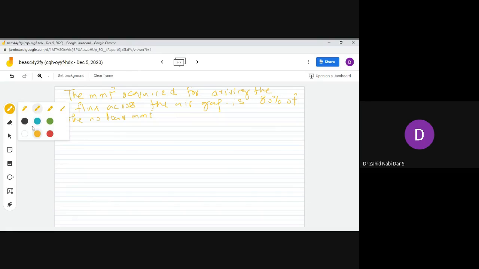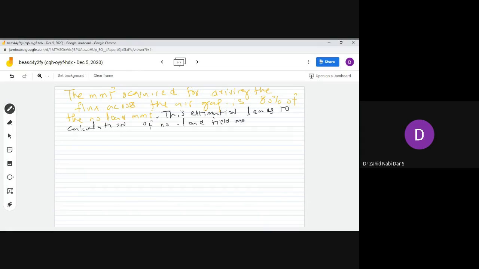So this estimation leads to calculation of what? Of the no load field mmf. This estimation will help us in calculation of the no load field mmf.